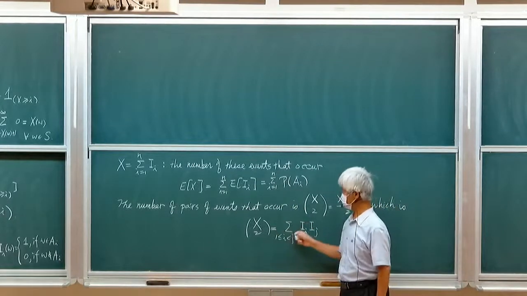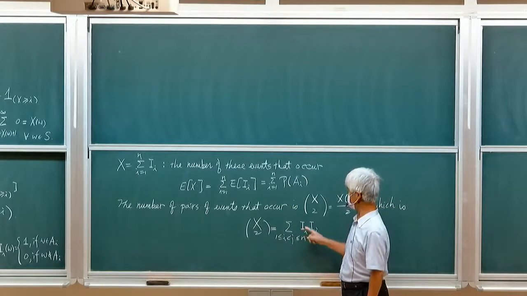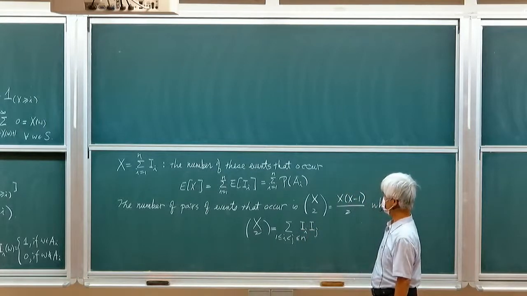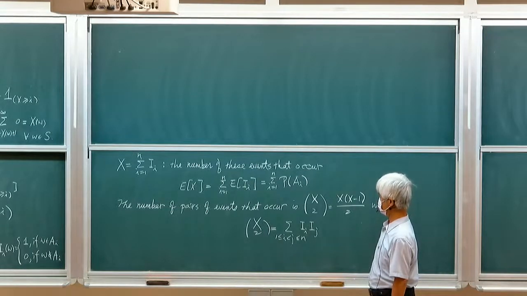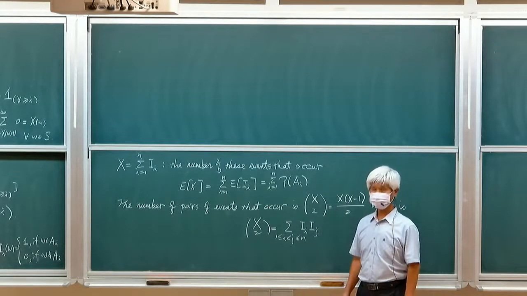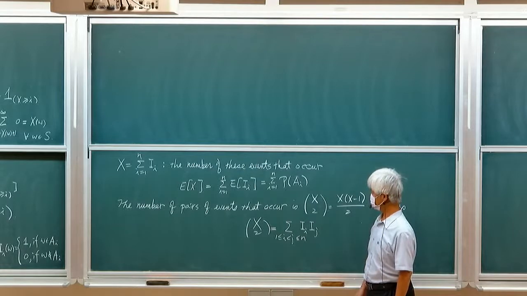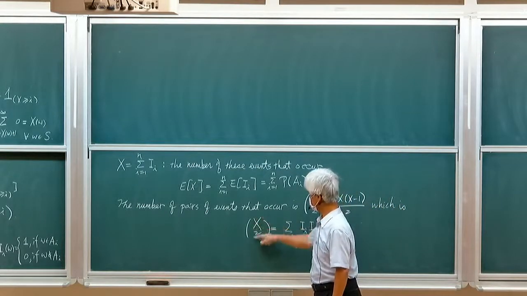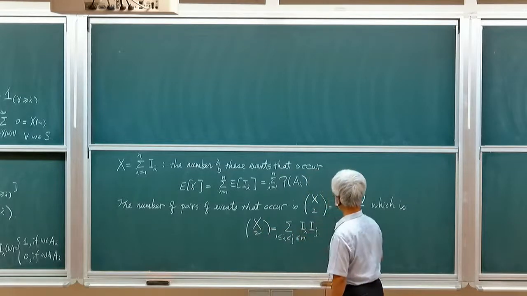So we have this identity in terms of the indicators, from the pairing. So this number is equal to this one.